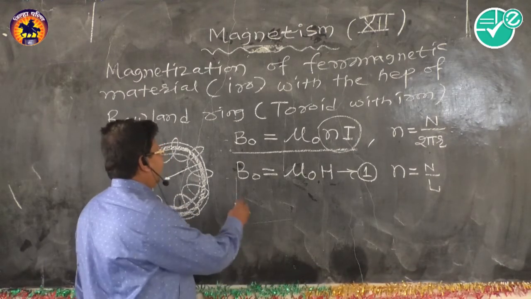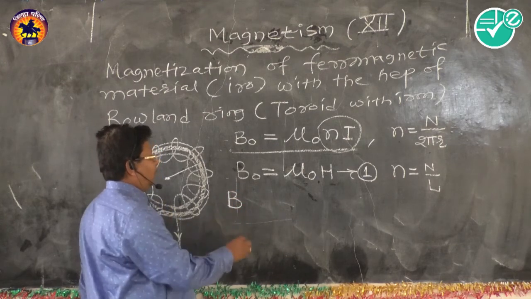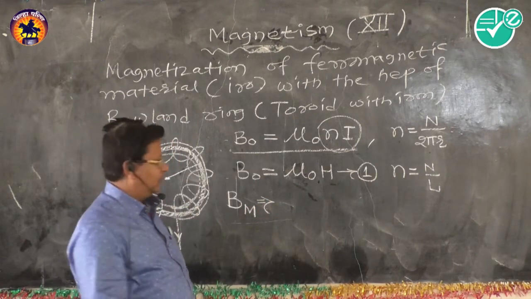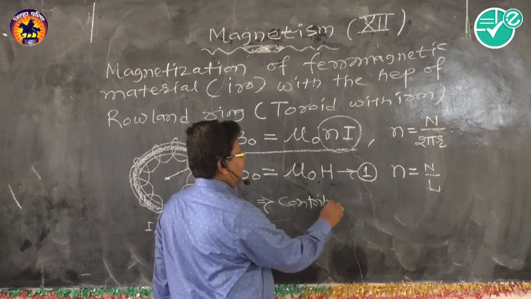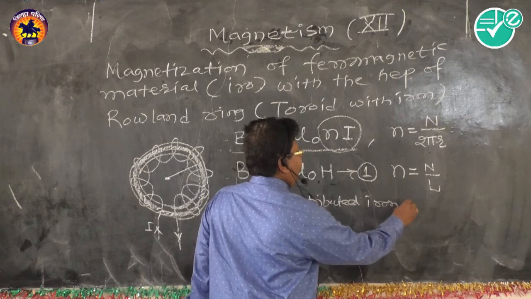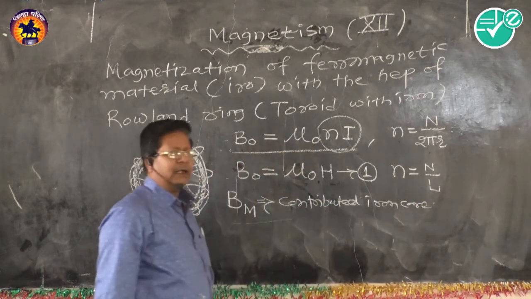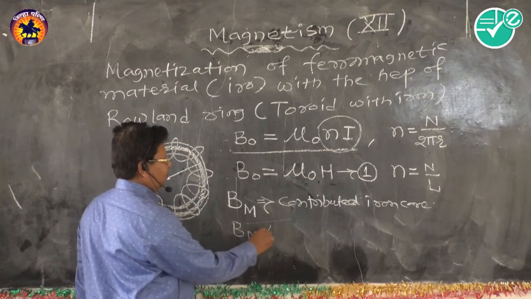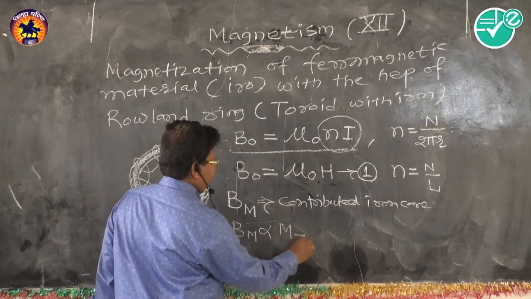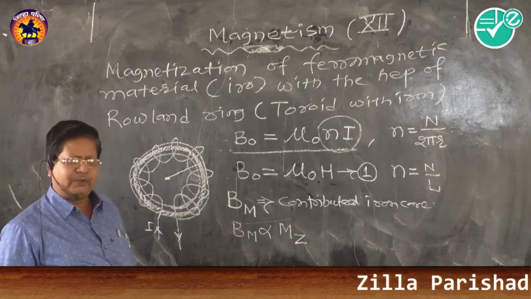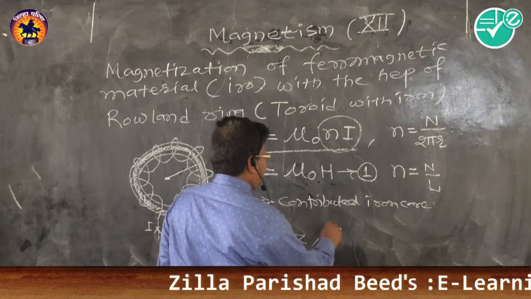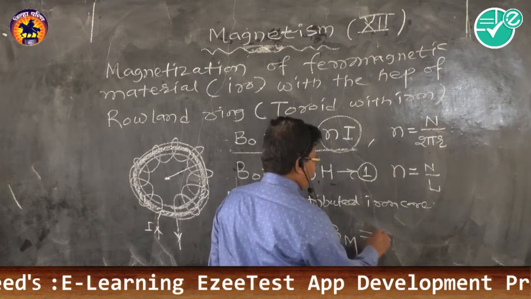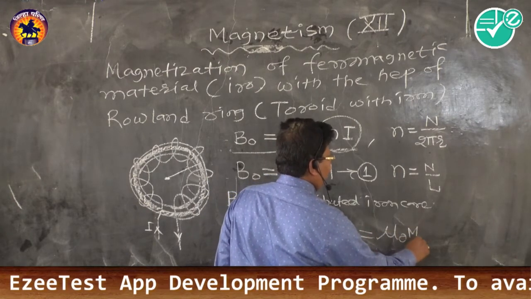Now, when iron core is introduced, let us suppose that Bm is the magnetic induction contributed by the iron core, and this Bm is directly proportional to Mz, that means magnetization or intensity of magnetization, and therefore we write magnetic induction contributed by the core Bm is equal to mu 0 into Mz.